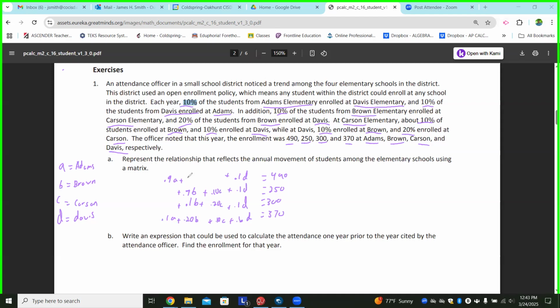So this would be 0B plus 0C. This would be 0A. This would be 0A. And this is the part I don't get. Okay, then that would make this okay. But then this here is only, all right, where'd you get that second 10%?